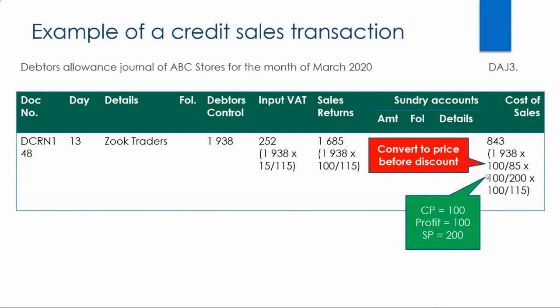Are you guys okay with the explanation for how we got to the cost of sales for the return? Okay, you can just indicate how you're feeling about the explanation in the chat function with the emoji of your choice.